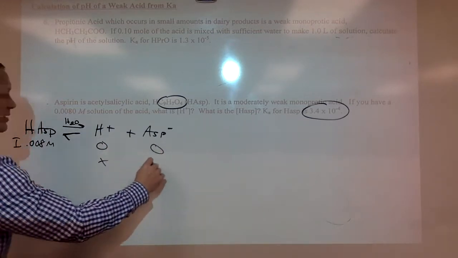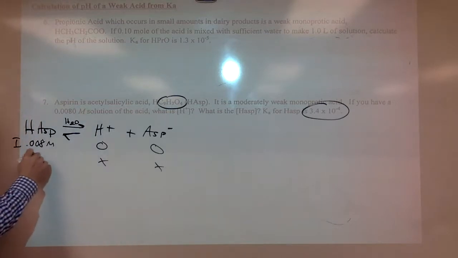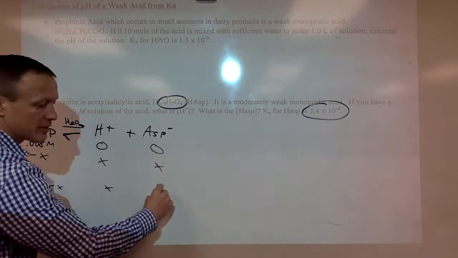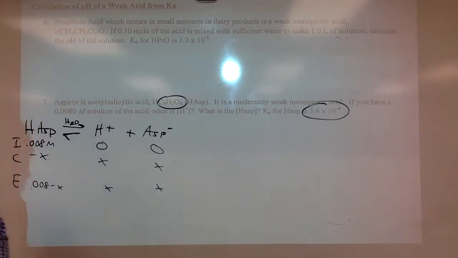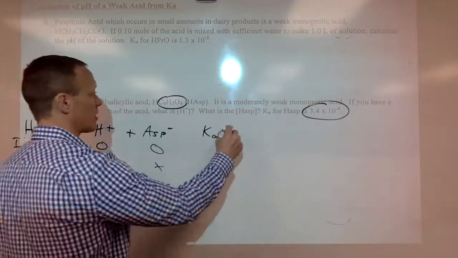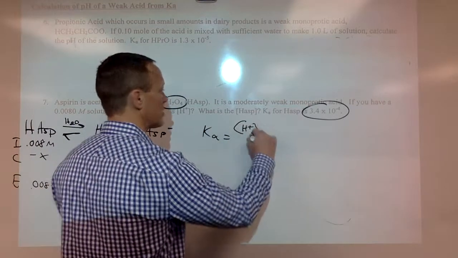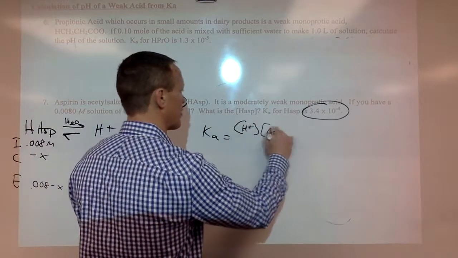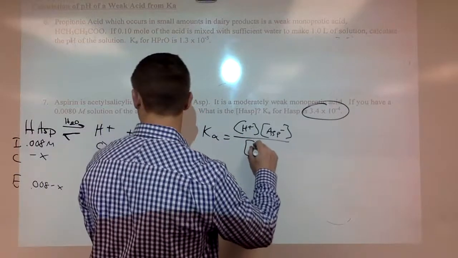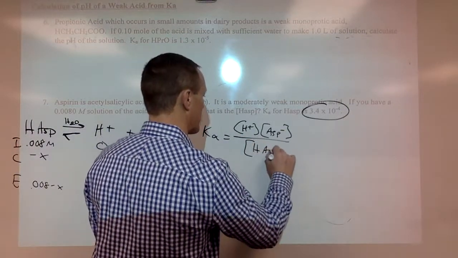These are going to go up by X. This is going to go down by X. There's our change. At equilibrium, this would be 0.008 minus X. That'll be X. That'll be X. So we can set up our K expression. K equals the concentration of H plus times the concentration of our conjugate base all over the concentration of our original acid.